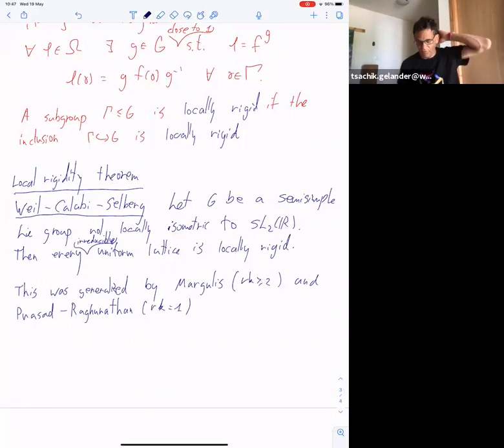But anyhow, it follows also from the superrigidity theorem that I will mention later in the higher rank case. No, it doesn't. So, okay. This was generalized by Margulis and by Prasad and Raghunathan to non-uniform lattices.